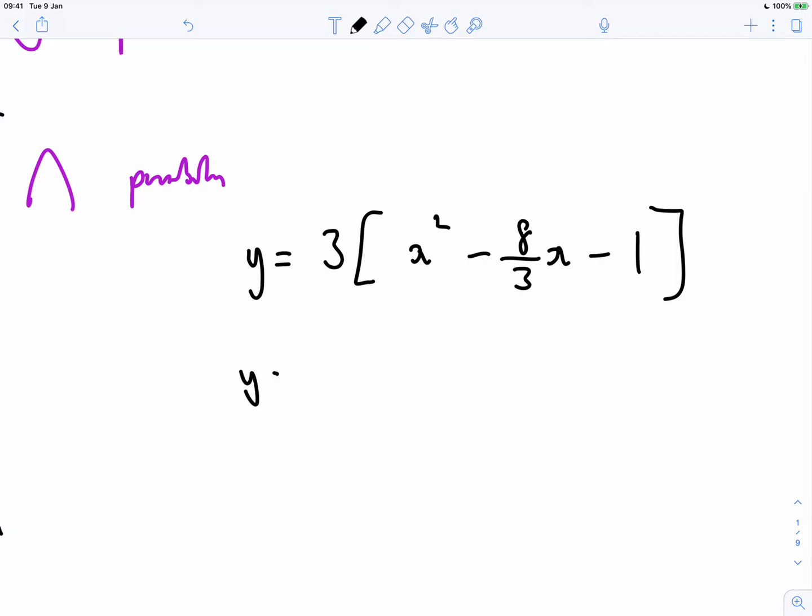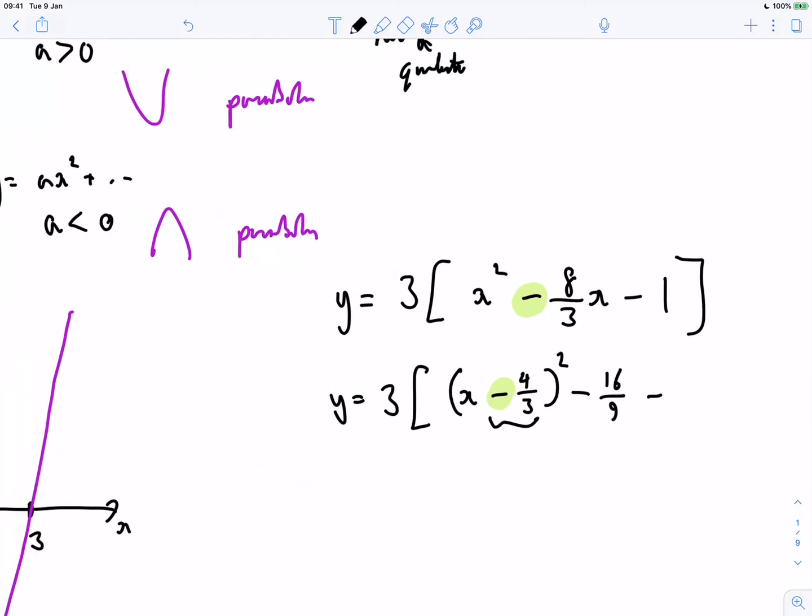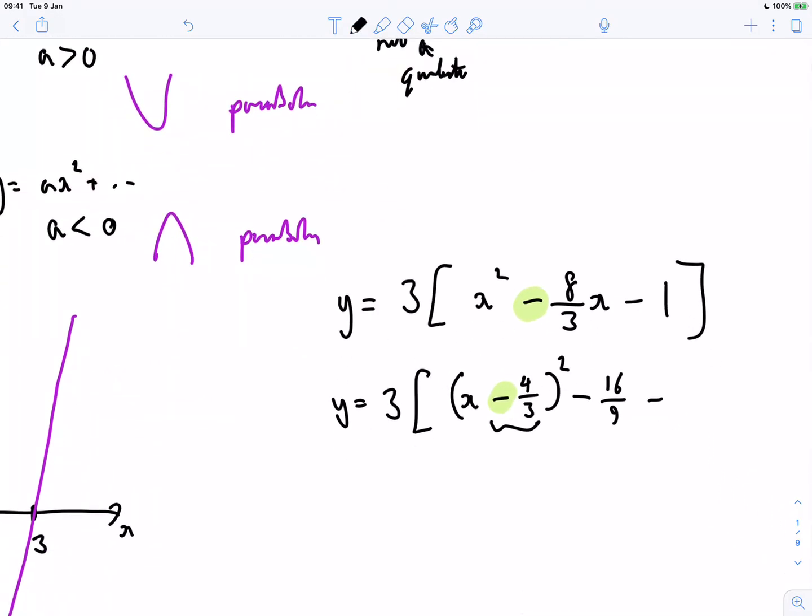Okay, so next up, y equals 3 lots of x brackets squared minus half of 8/3 is 4/3, and then I always subtract. It doesn't matter what this sign is in here, and this sign always matches this sign. 4 over 3 squared is just 16 over 9, and then I minus 1, which is 9 over 9.